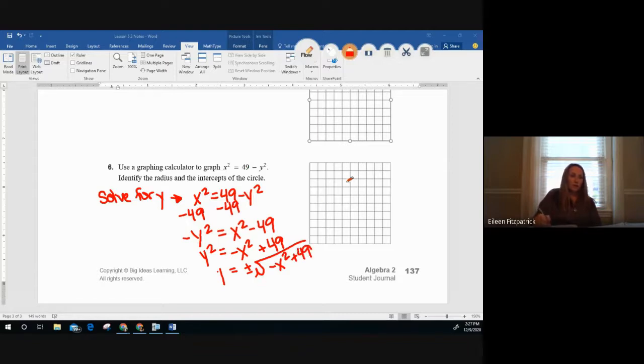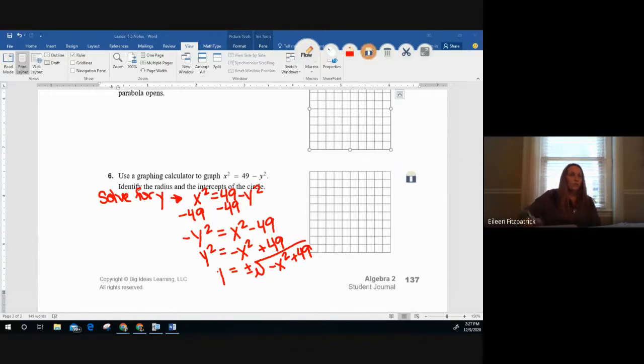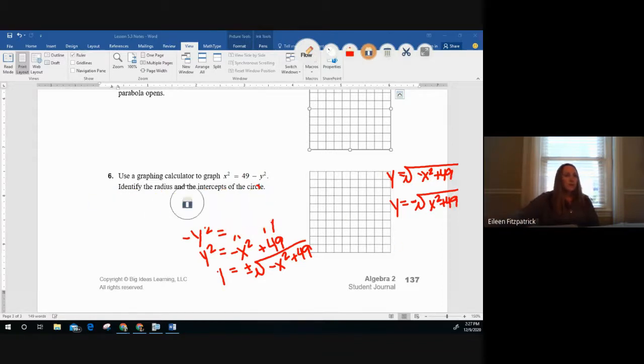Okay, so in my graphing calculator, I'm going to plug in y is equal to the square root of negative x squared plus 49, and then y is equal to negative square root of negative x squared plus 49. Let me erase all this so it doesn't show up on my calculator.